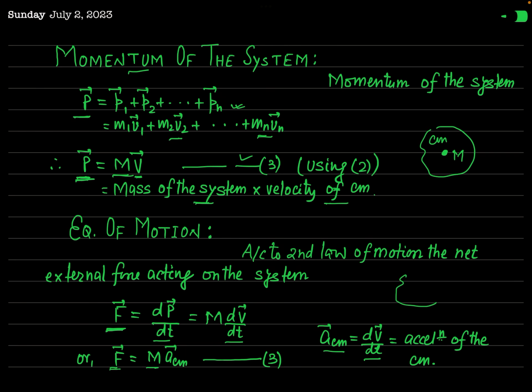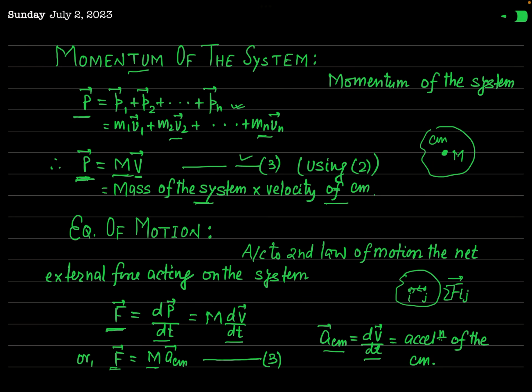Actually, in case of a system of particles, the internal force also acts between two particles. Let us say this is ith particle, this is jth particle, then these two particles will interact with one another by a force Fij, which is internal force. But when you sum up these Fij, these will cancel out in accordance with Newton's third law of motion.